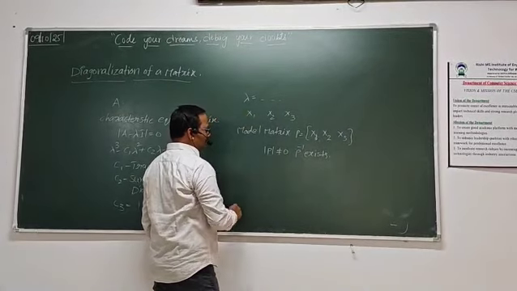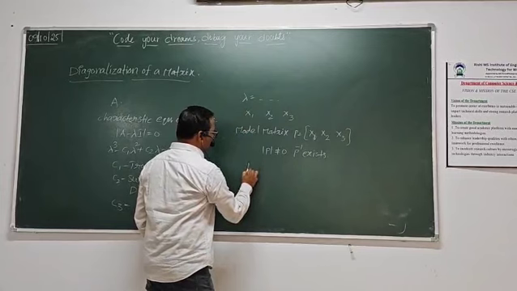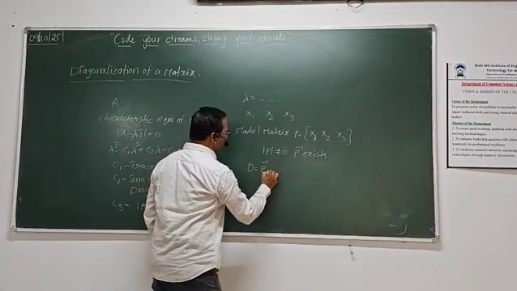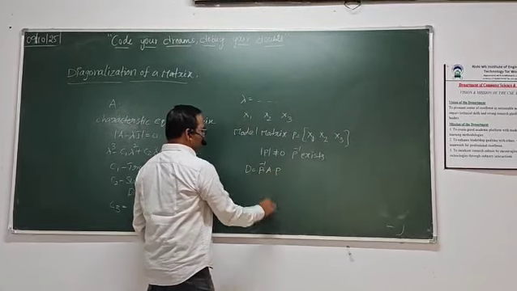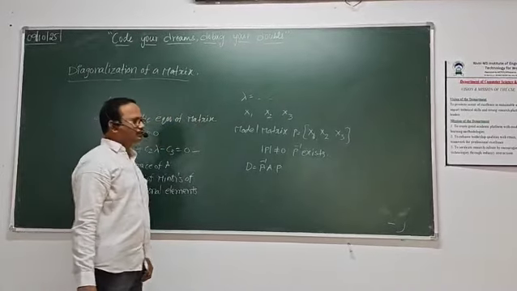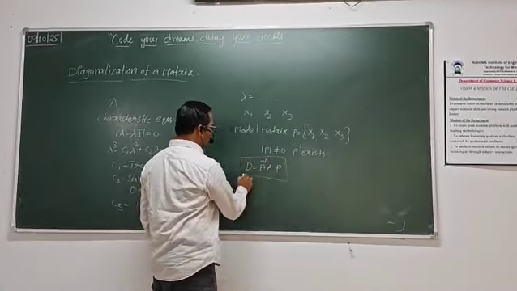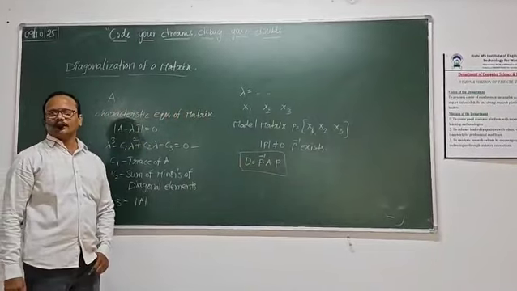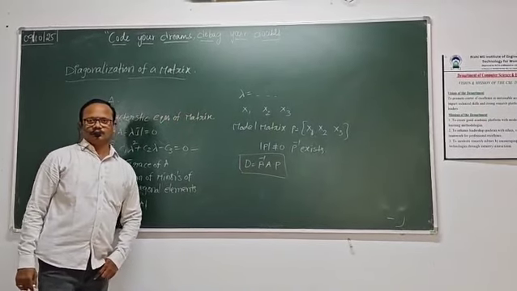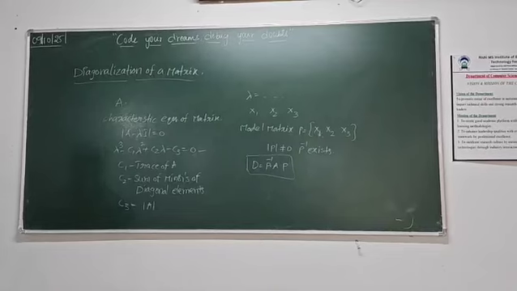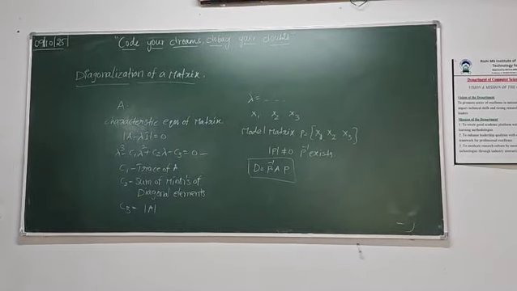If P inverse exists, the diagonalization matrix D equals P inverse AP. This is the procedure to find the diagonalization of a matrix. Now we do an example, one problem.